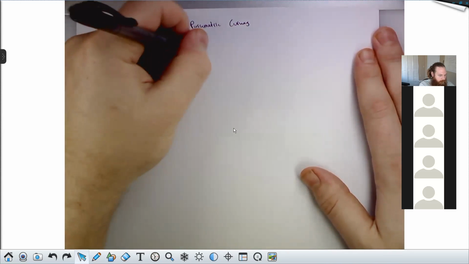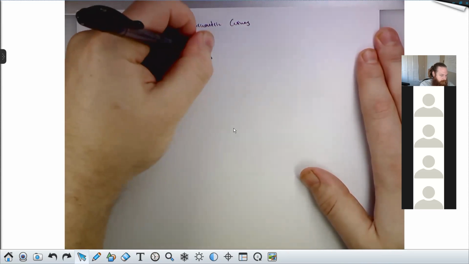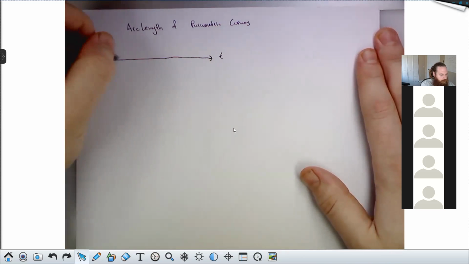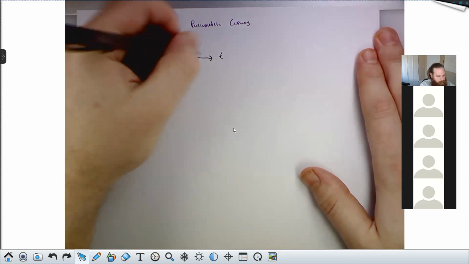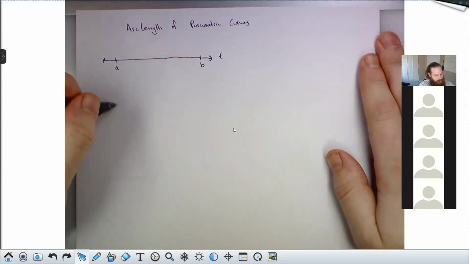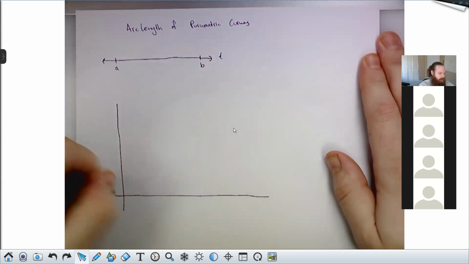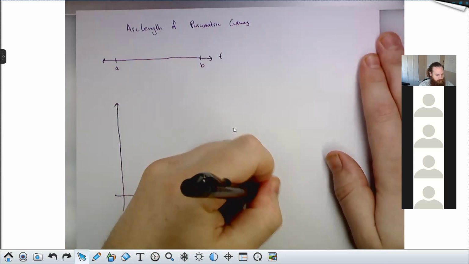And as always, I'm going to think of myself as having a little t-axis somewhere out, totally removed. And I'm interested in the t interval from A to B. And then here is my xy axis, completely separate from the t-axis.